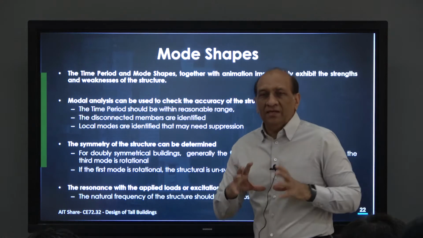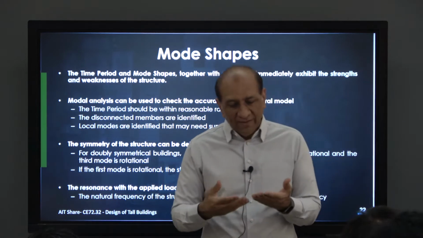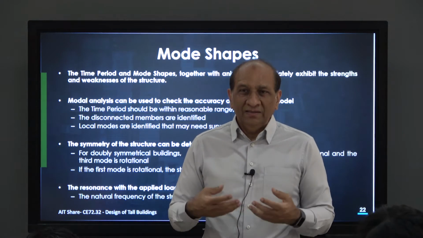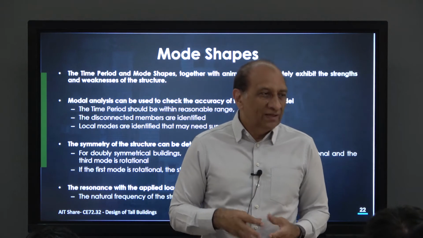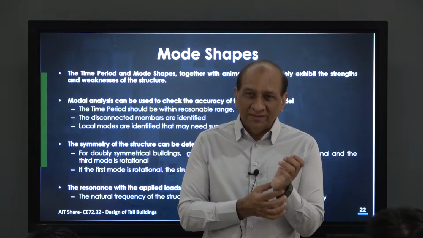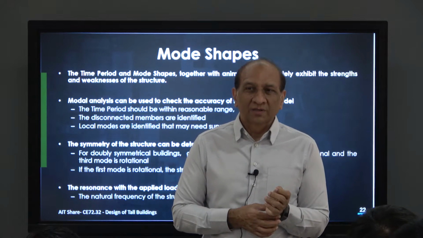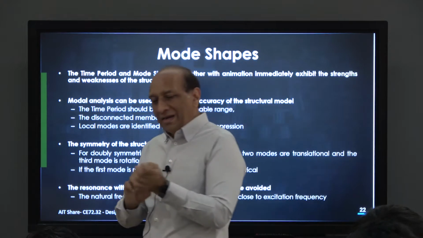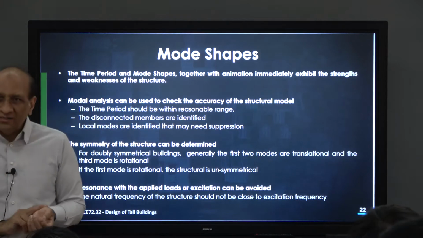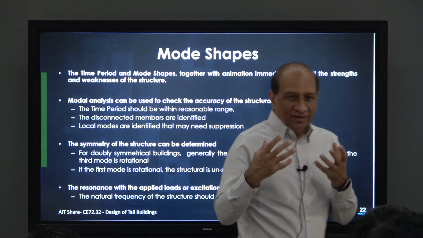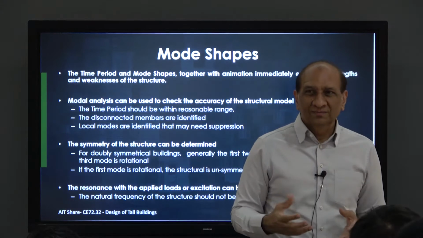So basically, natural period, like I said, I started from the doctor's example that the entire human health is related to the pulse. So natural period is the pulse of the structure. If you can first of all determine the pulse, then read and understand the pulse, then you are a structural doctor.